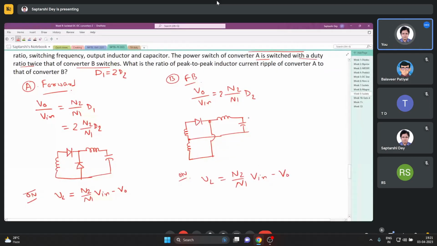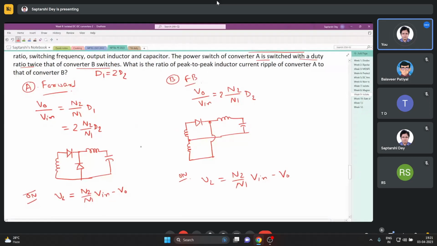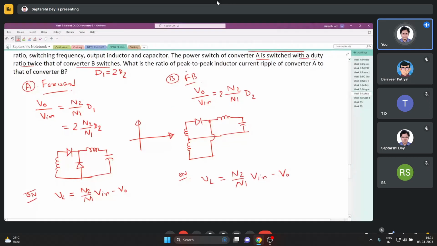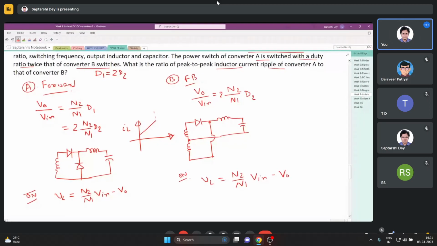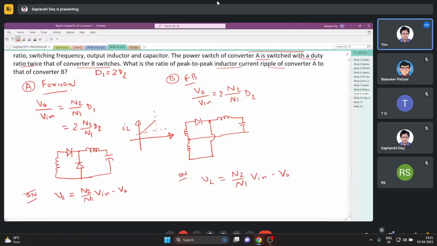So now see, for both the cases we have been asked to find out the peak to peak inductor current ripple. So if I write the increment in IL, what do we have?